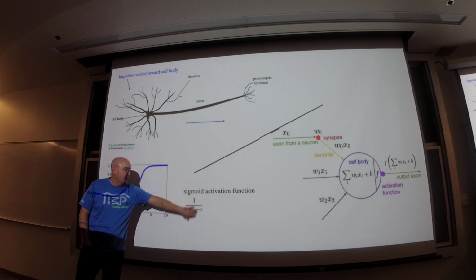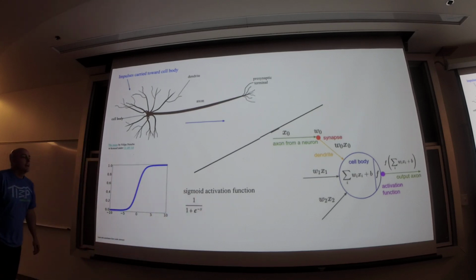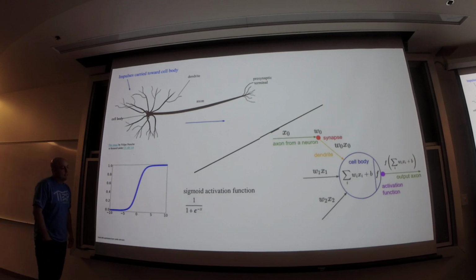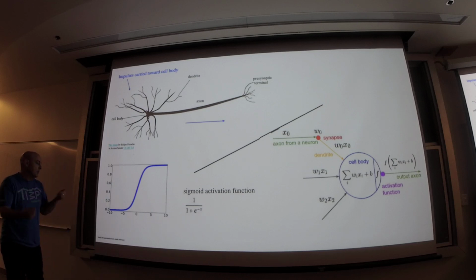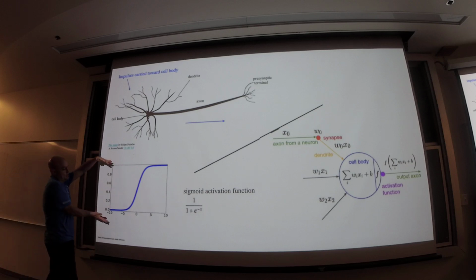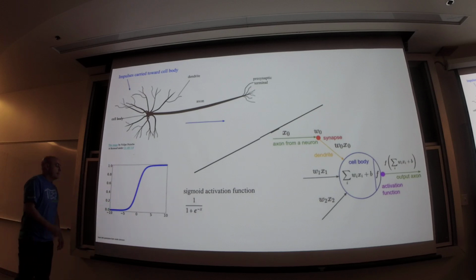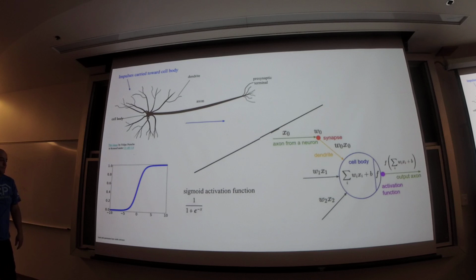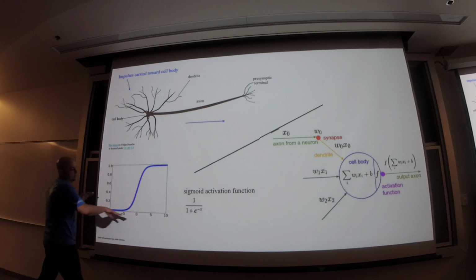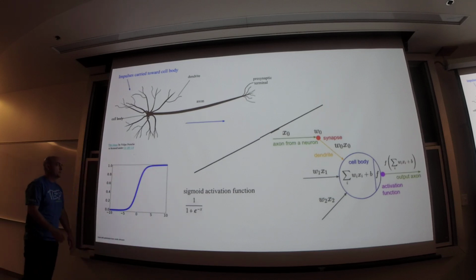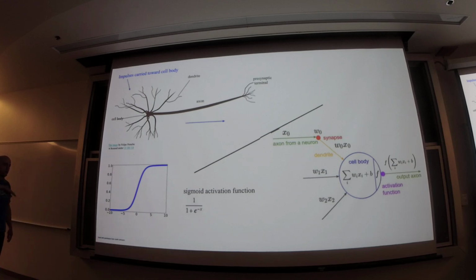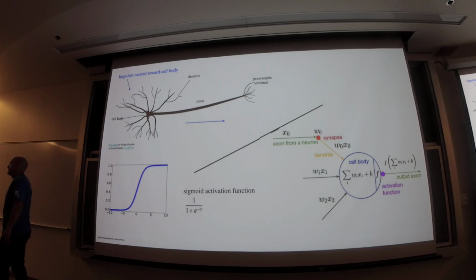This is simply some function that takes real numbers, so it takes signal along the real number line, and compresses it into this range between 0 and 1. So the larger the signal, the closer this becomes to 1, and it eventually asymptotes to 1 as x goes to infinity, and asymptotes to 0 as x goes to negative infinity.